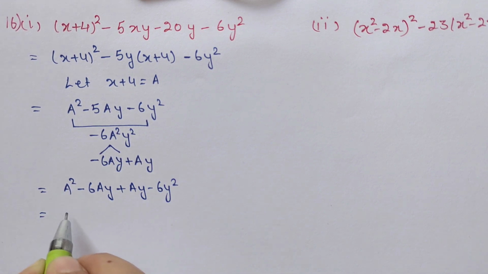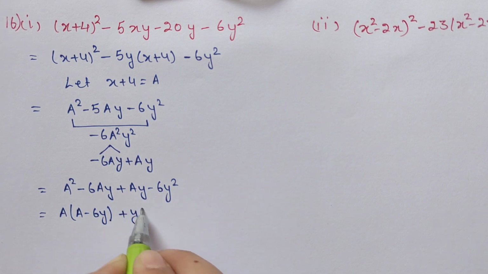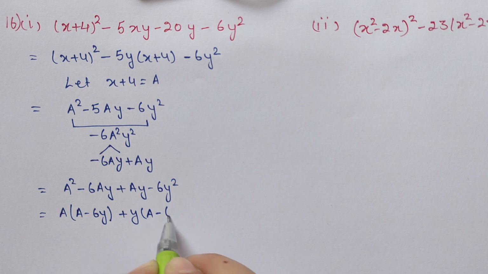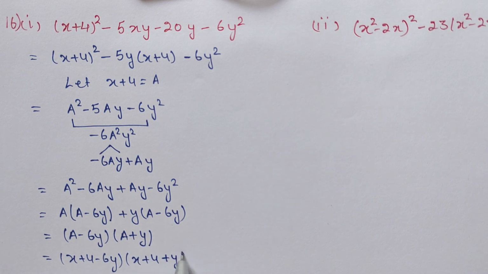From the first two, a we can take out common, a minus 6y will be inside the bracket. From the last two, y we can take out common, a minus 6y will be inside the bracket. So factors will be a minus 6y, a plus y. Now replace this a. a is x plus 4. So x plus 4 minus 6y, and another bracket will be x plus 4 plus y.